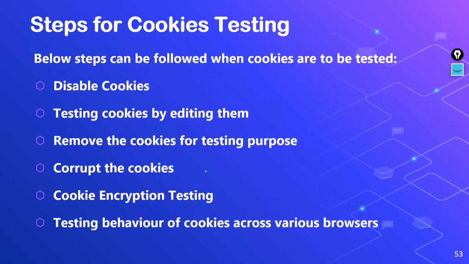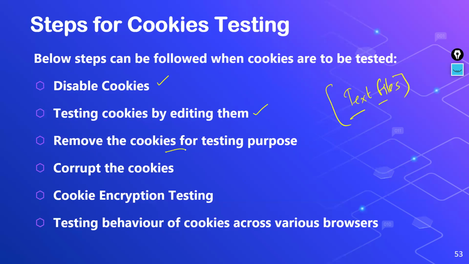Okay. So how can you check that? These cookies are actually very small text files. You can test them by disabling the cookies. You can test them by making some changes to those text files.